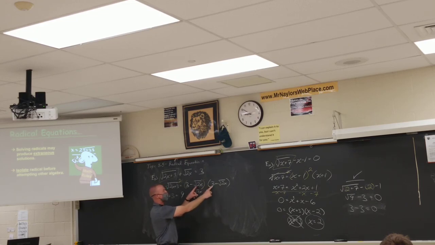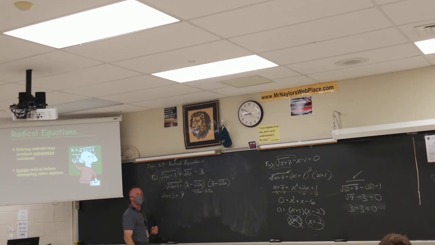Now, 3 times this negative square root, notice that I'm pointing at this combination, is another negative 3 square root. Eventually we're going to end up with negative 6 square roots, if you're comfortable just moving to that step.